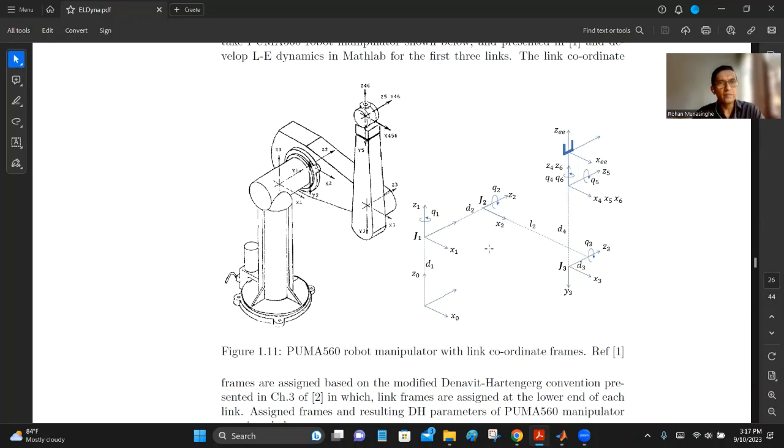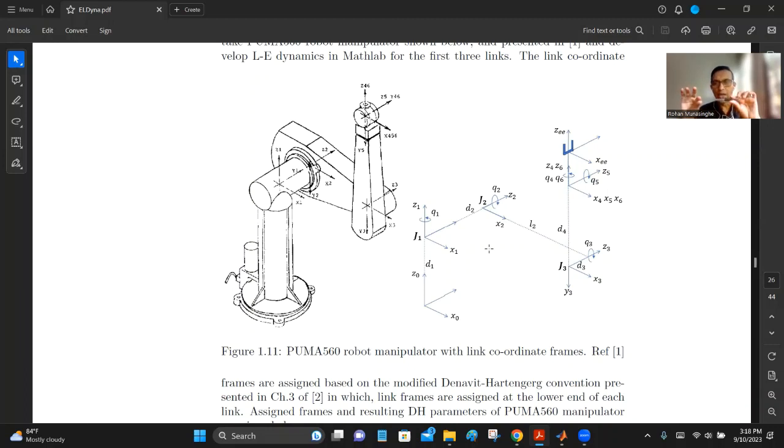And in that DH representation, the coordinate frame attached to a link comes at the end of the link. You saw that, right? If you have say link 1, start point, end point, the end point of the link, there you have the coordinate frame. It's a bit awkward.